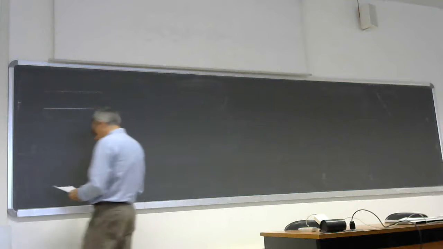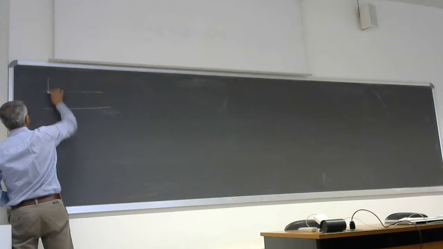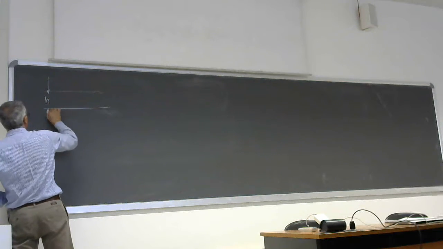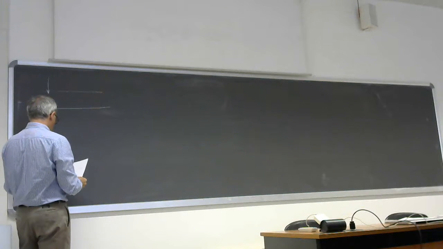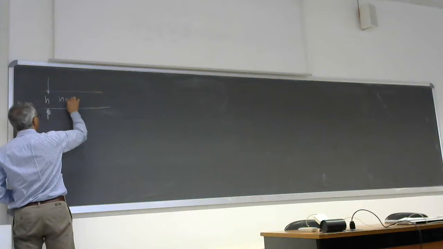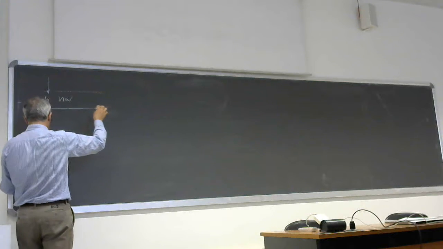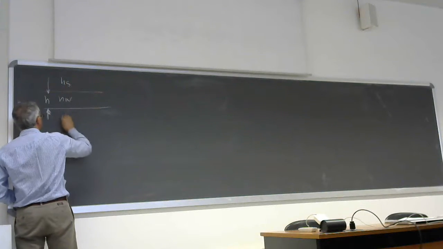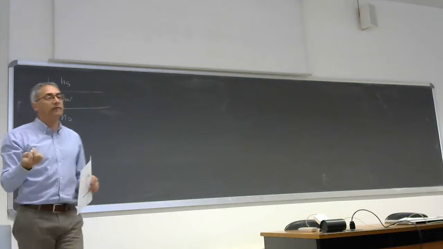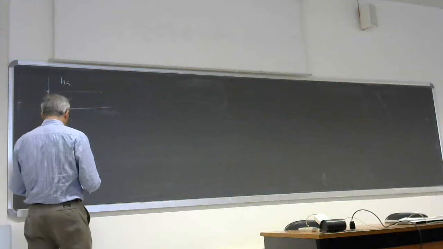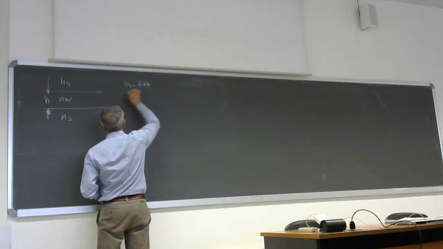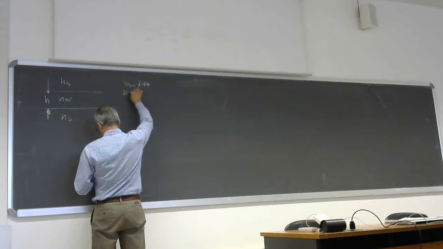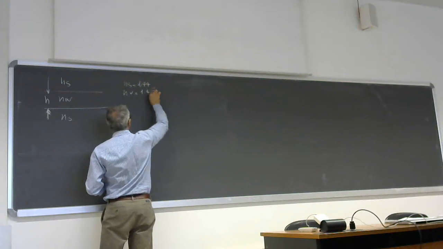Another point: the thickness of the slab is H. N_W is the refractive index of the slab, and N_S the substrate. Let's consider a symmetric waveguide, and assume you have N_S equal to 1.44 and N_W 1.45.